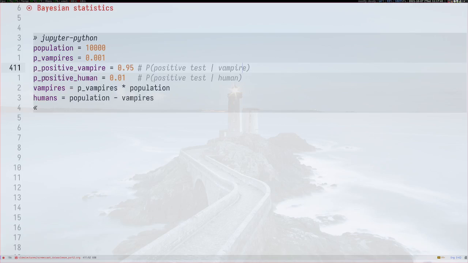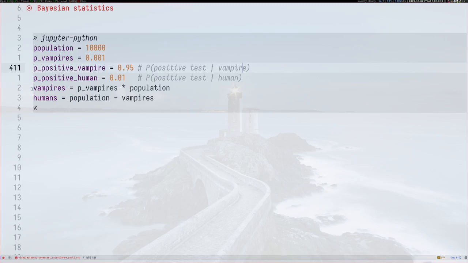And the false positive, the probability that the test is positive given that I'm testing a human, not a vampire, is only 1%, so 1 out of 100. So the test is actually pretty good. If it's a human, there's only 1% probability that the test will incorrectly suggest that this human is a vampire.